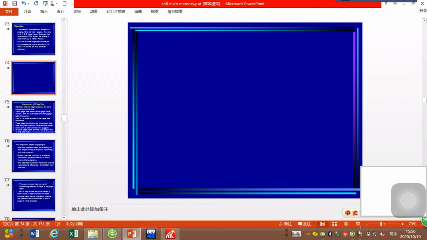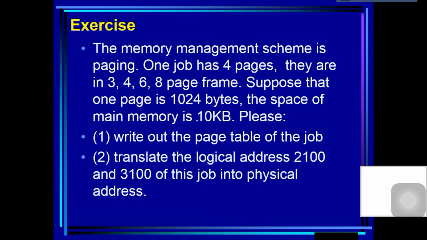So okay, let's look at it. First we write out the page numbers 3, 4, 6 and 8.